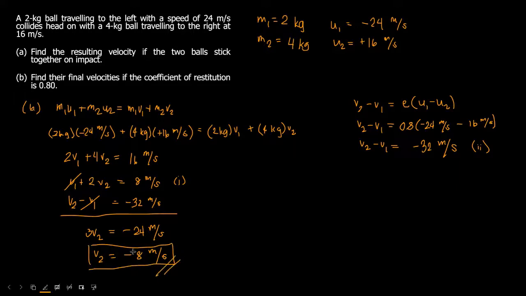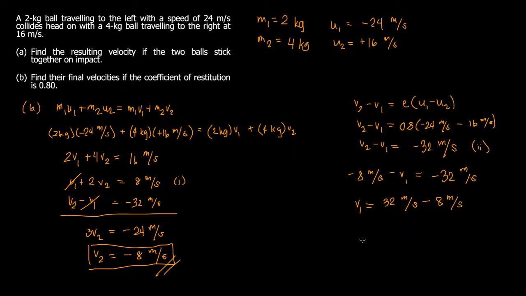And itong v sub 2, we substitute it here. So that's gonna be negative 8 meters per second minus v sub 1 equals negative 32 meters per second. Some manipulation lang, that's gonna be v sub 1 equals 32 meters per second minus 8 meters per second.